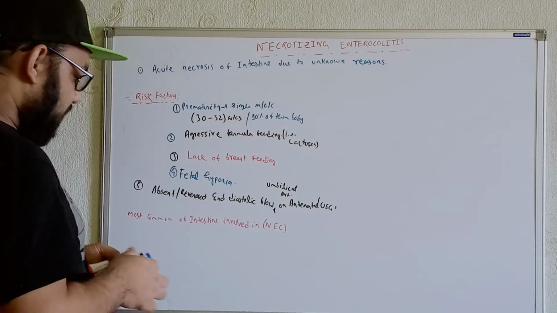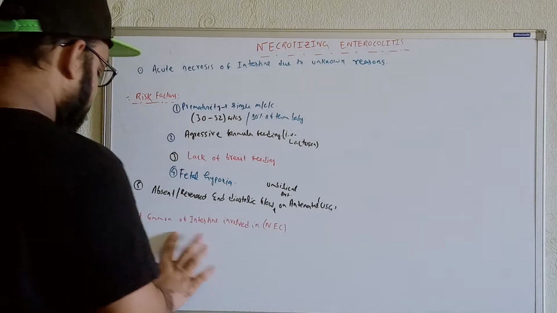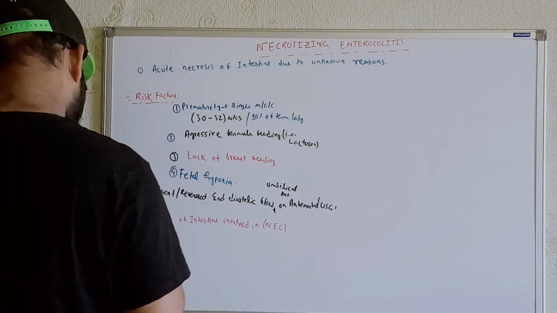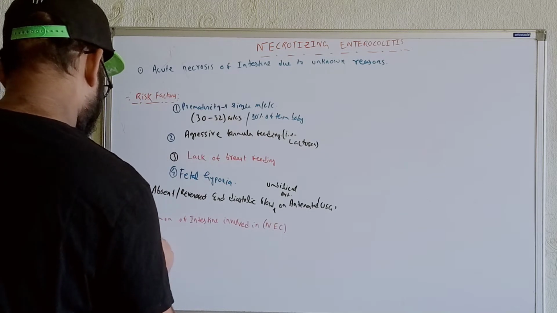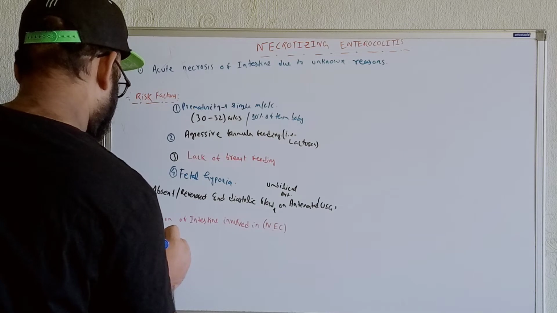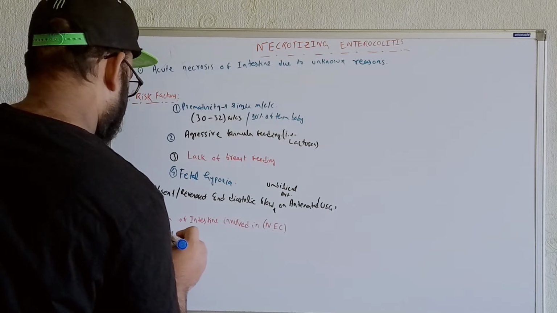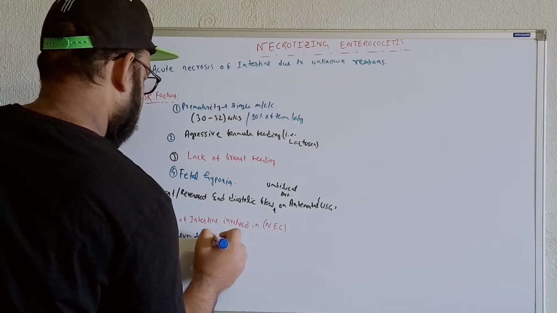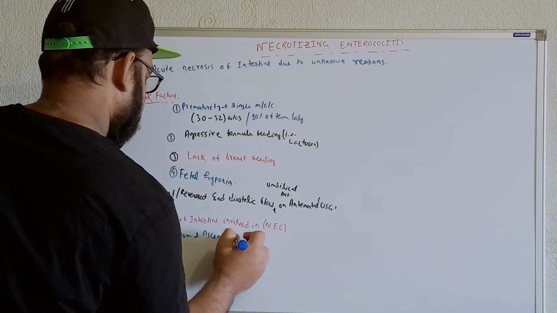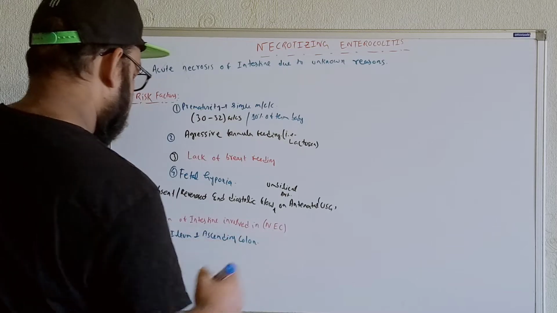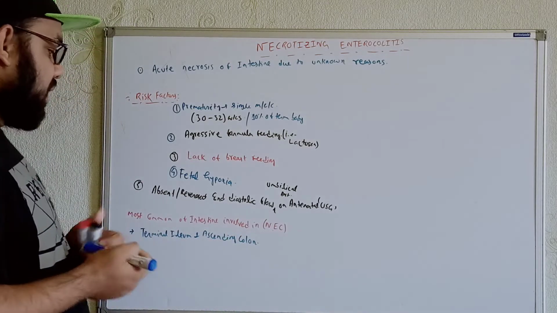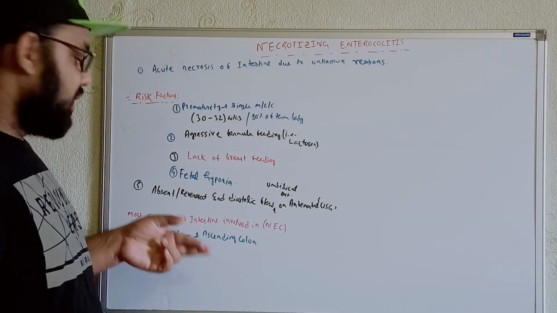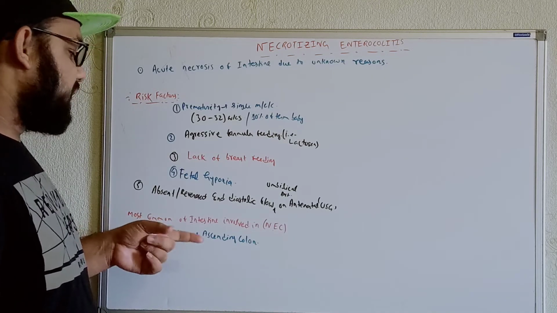So we can write it here: terminal ileum and ascending colon. Terminal ileum and the ascending colon, this is the most common site within the intestine that can be involved in necrotizing enterocolitis.